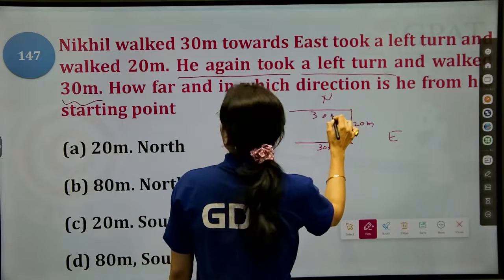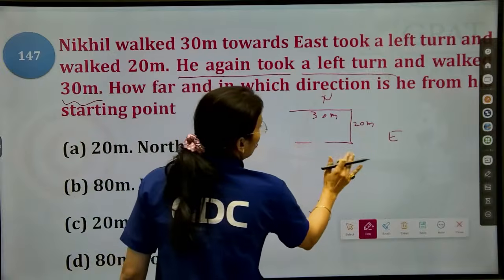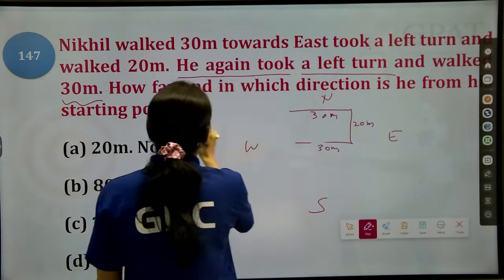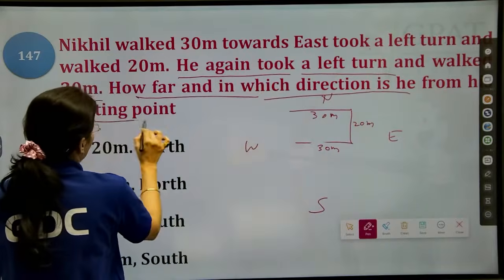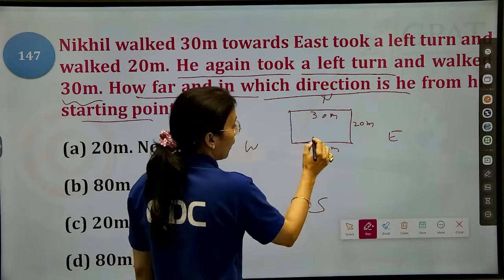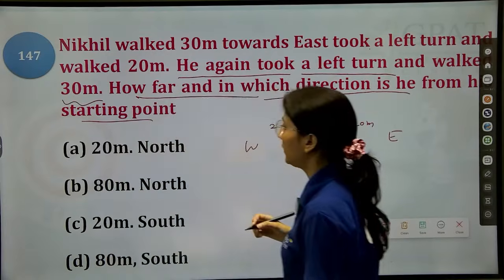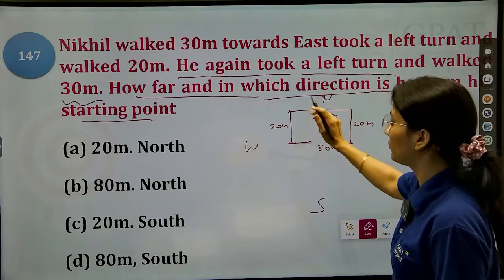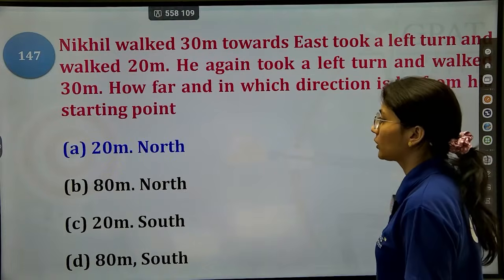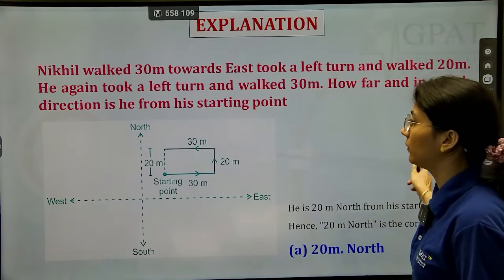Now how far and in which direction is he from the starting point? That is 20 meter, and in which direction? That is 20 meter north.